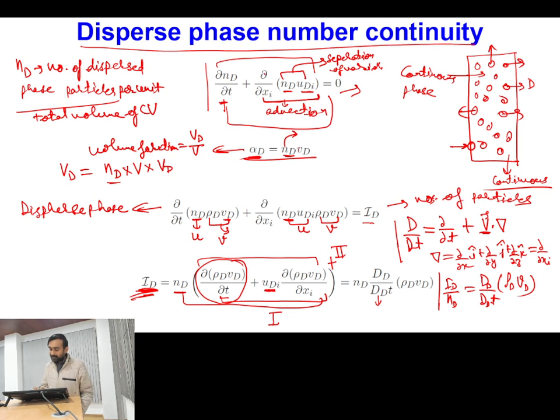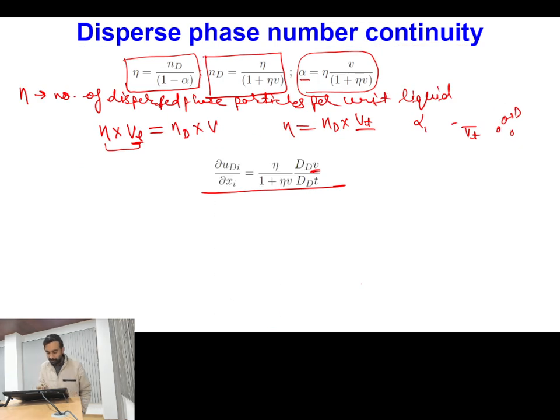If you calculate this term del by del xi of Nd u di, that will be equal to minus of del by del t of Nd and minus of del by del xi of Nd. Is this point clear? And in that term then Nd you have to replace with this particular formulation eta by 1 plus eta into V.